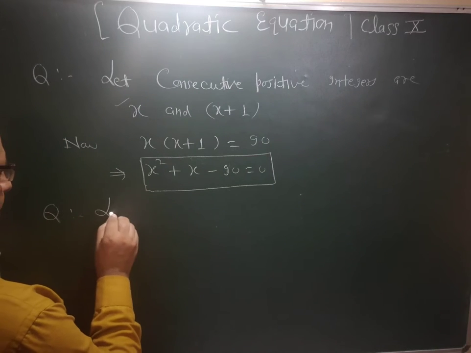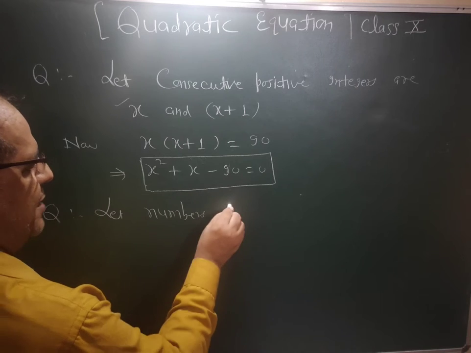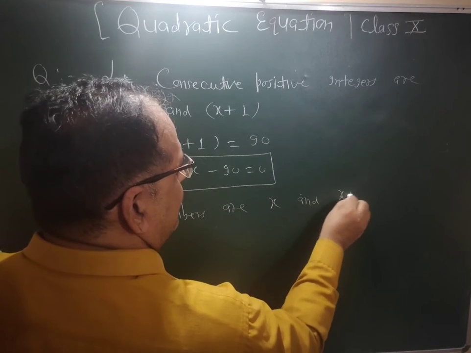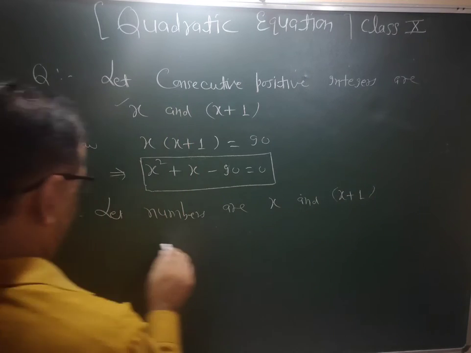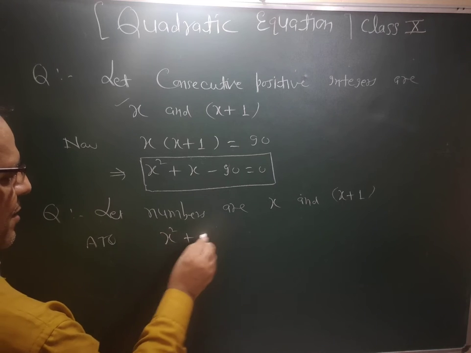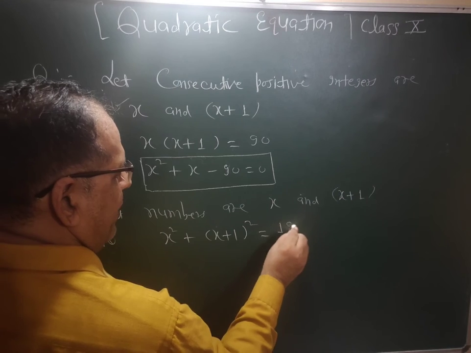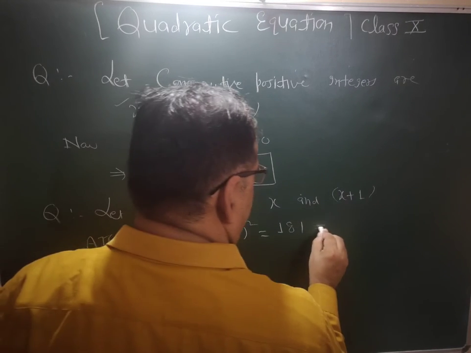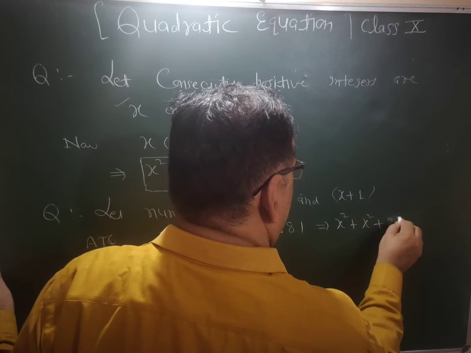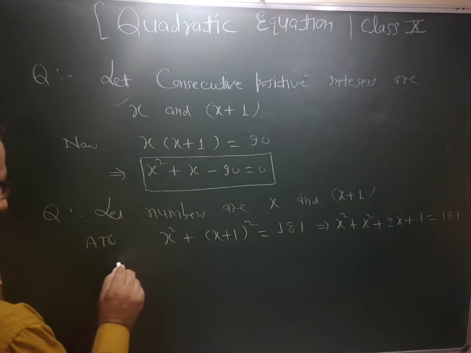So let the numbers be x and x plus 1. According to the question, x square plus (x plus 1) square equal to 181. If we simplify this, we have x square plus x square plus 2x plus 1 equal to 181.